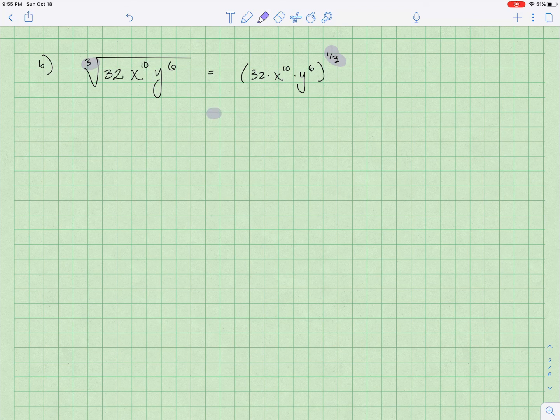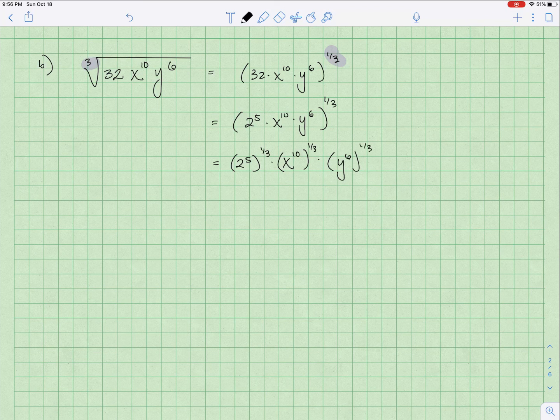And I'm going to rewrite that, one more time here, as 2 to the 5th x to the 10th y to the 6th power to the 1/3. And we're going to be able to simplify that a little bit. This is 2 to the 5th to the 1/3 power times x to the 10th to the 1/3 power times y to the 6th to the 1/3 power.